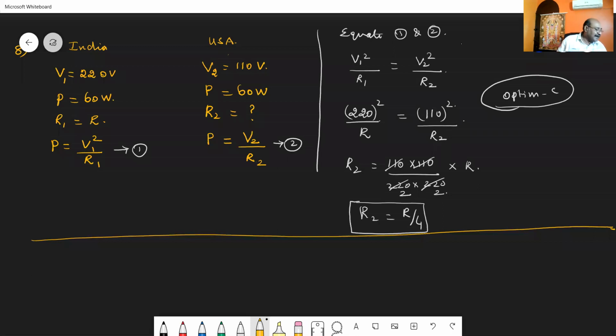See, in question number 9, they have given, in a large building, there are 15 bulbs of 40 watts, 5 bulbs of 100 watts, 5 fans of 80 watts, and 1 heater of 1 kilowatt connected. The voltage of electrical mains is 220 volt.